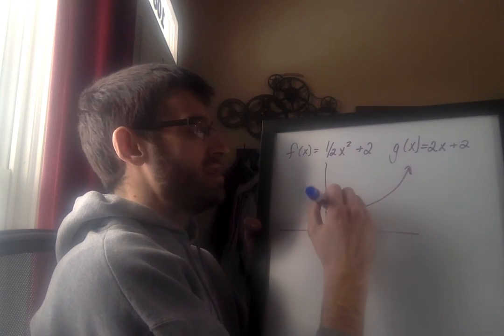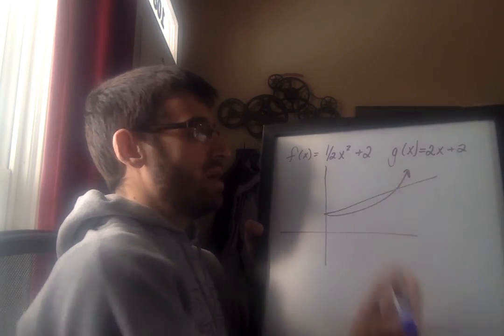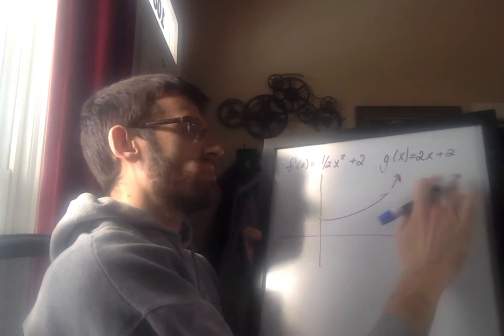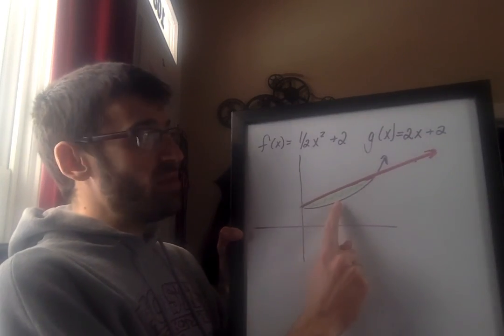The second one was a line. So it's going to look like this. Actually, I'm going to do it in a different color. Now, here's going to be the cross section.